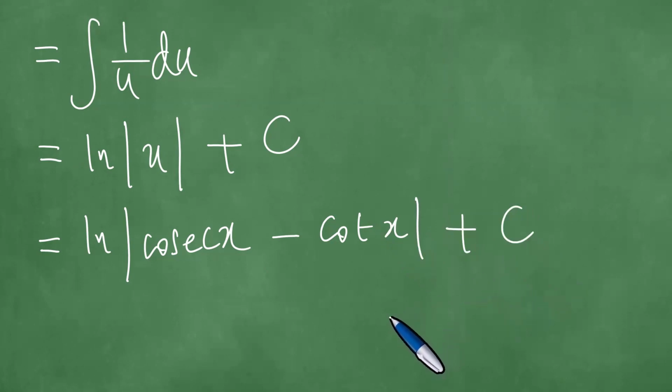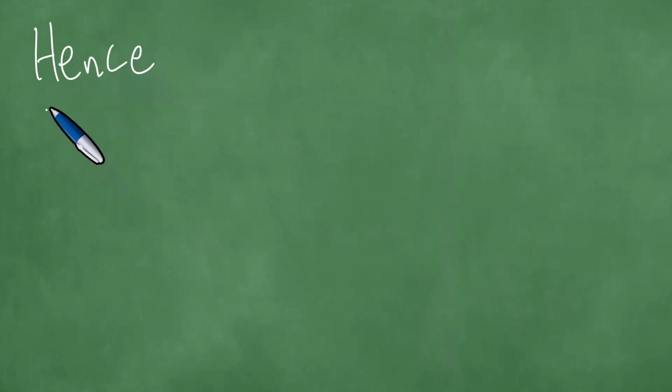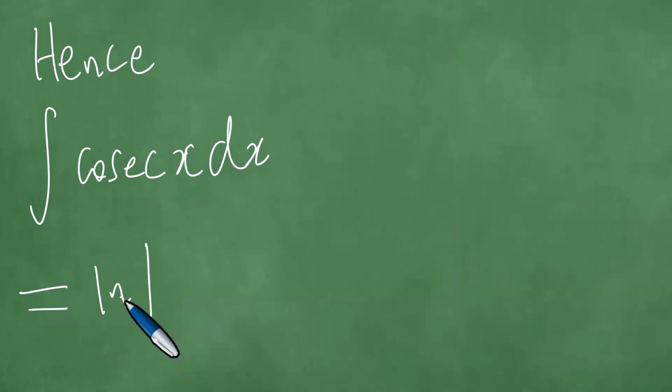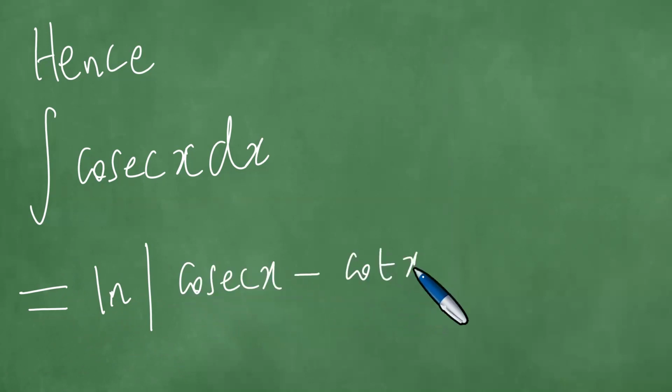And then what is the conclusion out of this? We write the following step. Hence, the integral of cosecant of x dx is the natural log of the modulus of cosecant of x minus the cotangent of x plus c.